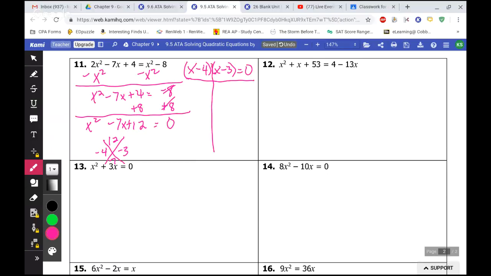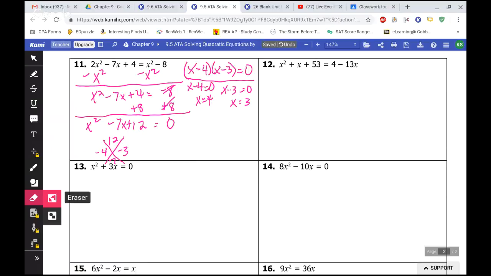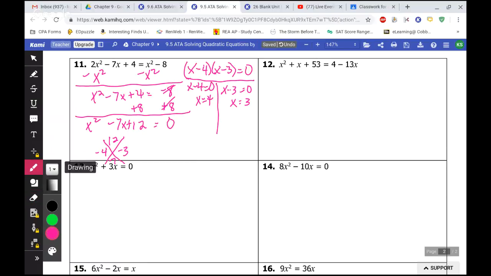So now I'll do my individual solving. So x equals 4, because I would add 4 to both sides, and x equals 3, because I would add 3 to both sides. So now I have a solution set of 3, 4.